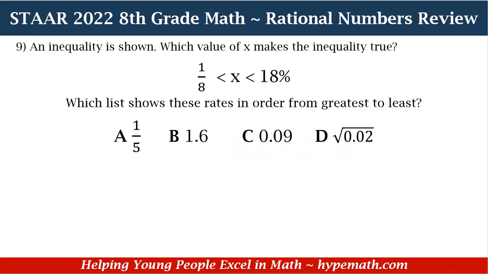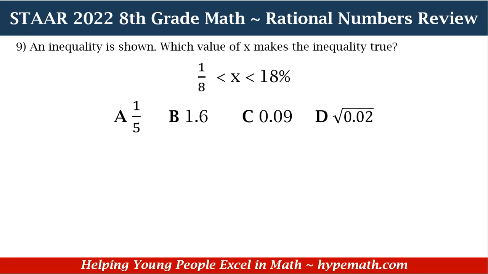An inequality is shown. Which value of x makes the inequality true? All right, so looking at our inequality, we have 1/8 is less than x, and x is less than 18%. Oh, Miss Jackson made a mistake. Hold on, guys. All right, I am back.